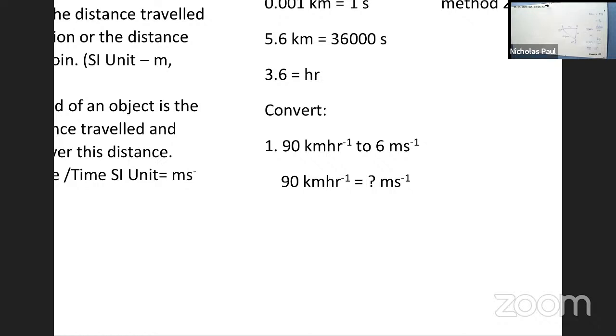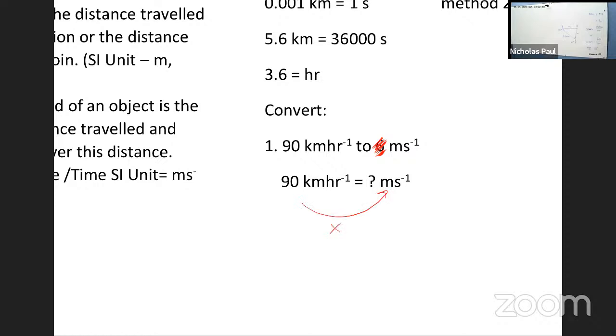Right, how much did you get? You multiply 90 by what? That's a little mistake here. You want to convert 90 kilometers per hour to meters per second. So to get there, what are you doing?